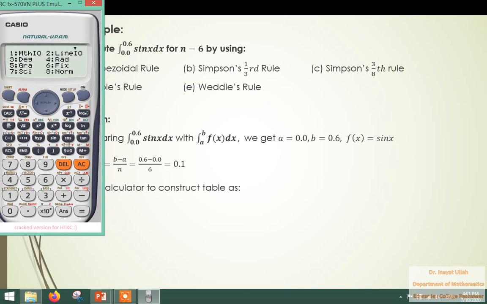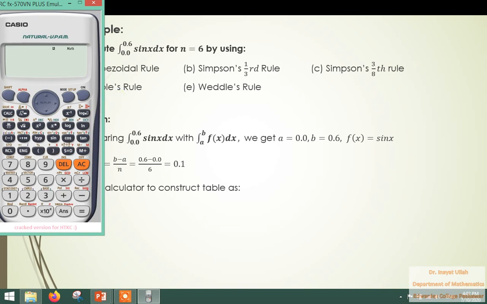We see that there are options related with these keys. Degree is related with 3 and radian is with 4. So press 4 and then the equal sign. You see that this display shows R, so the calculator is now in radian mode.